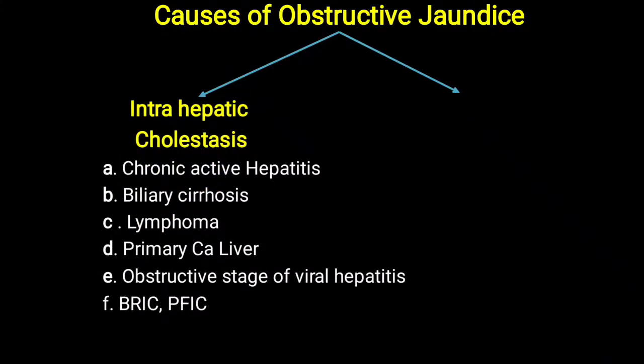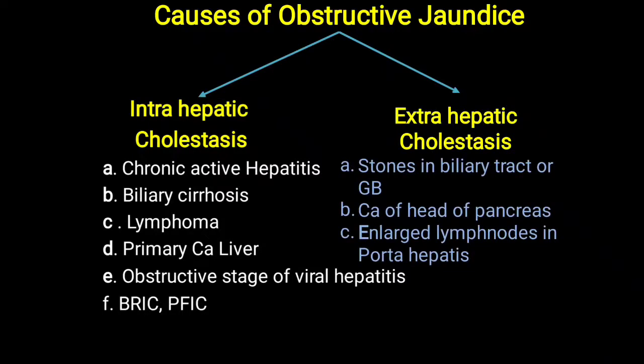Further, the obstructive stage of viral hepatitis: in excessive or longer duration of viral hepatitis, there will be obstruction, and that is called the obstructive stage of viral hepatitis. In the same way, BRIC, that is benign recurrent intrahepatic cholestasis, where IC means intrahepatic cholestasis, and progressive familial intrahepatic cholestasis. These are the main common causes of intrahepatic cholestasis.